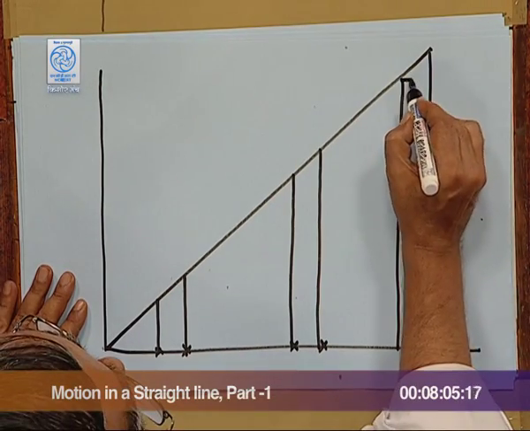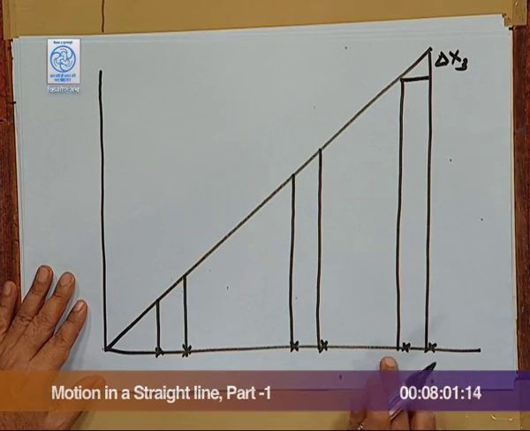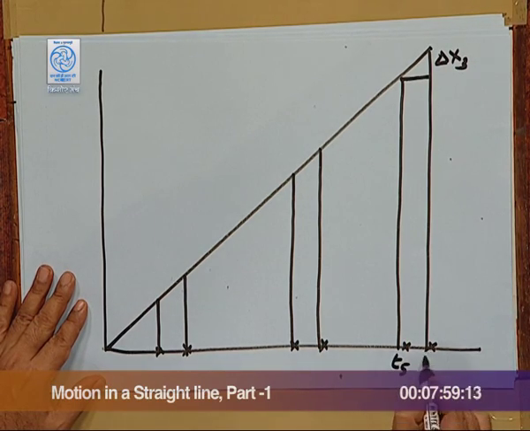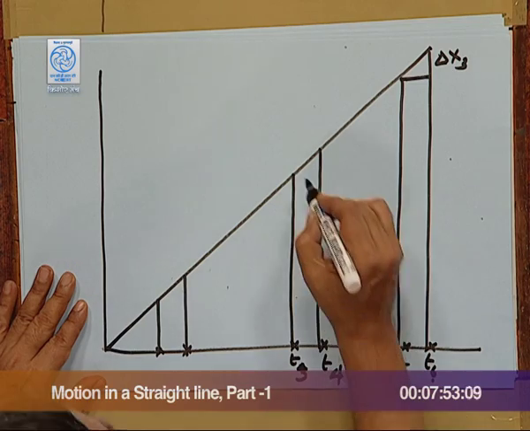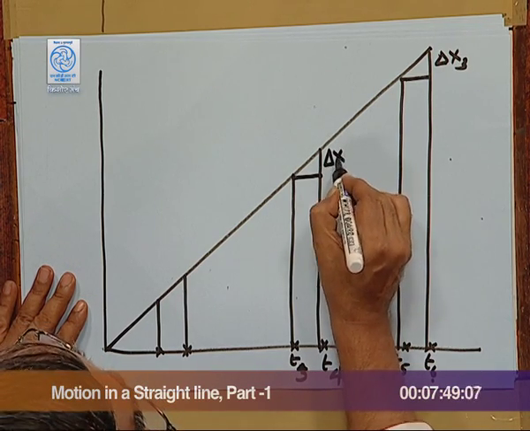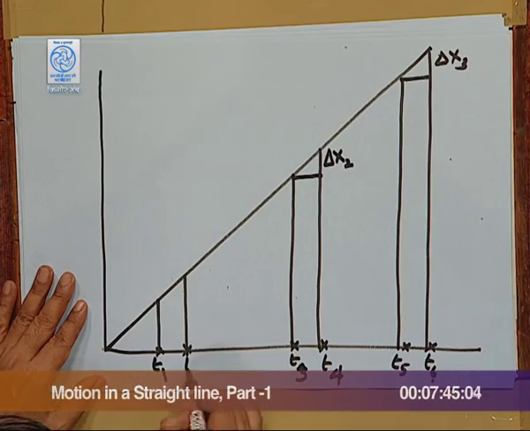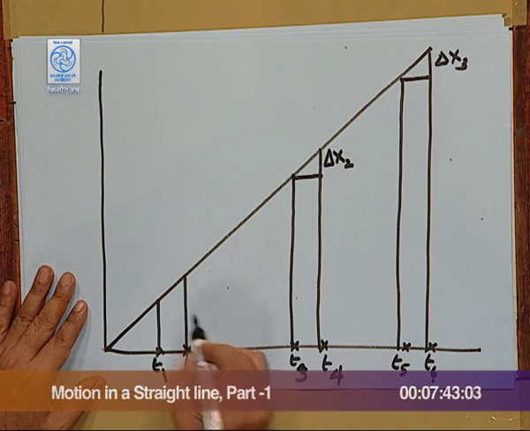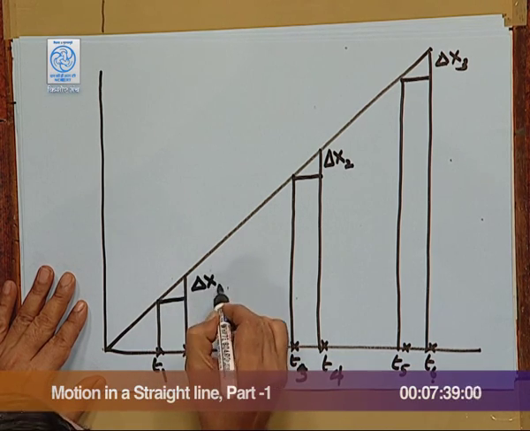Look at delta x3 in the interval t5 to t6, and t3 to t4, look at delta x, which is represented by the height, which I have indicated as delta x2 here. Between t1 and t2, the interval is the same, but timings are different. Look at this delta x1.